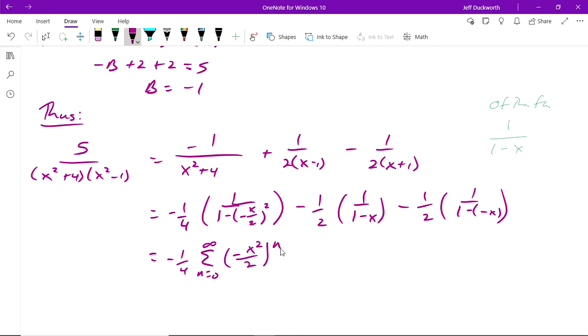And all of this will go to the n. Well, let's see where we can go from there. This next one is, there's our sum, and this is just negative x. And our last one will be just x to the n.